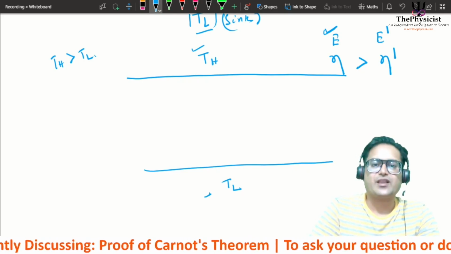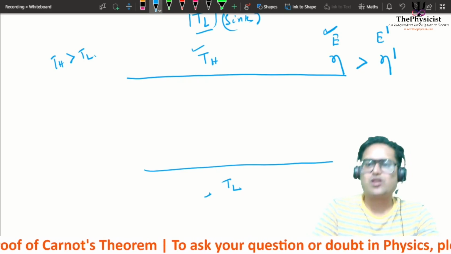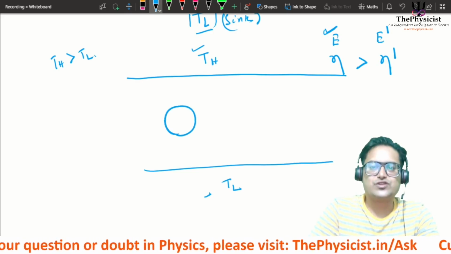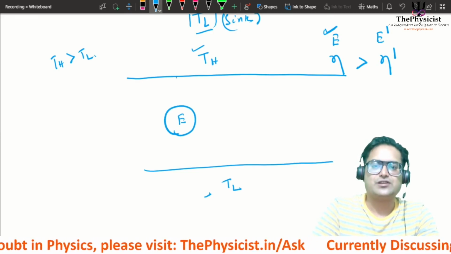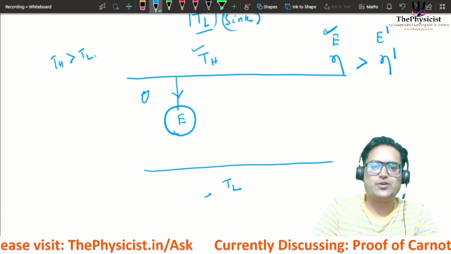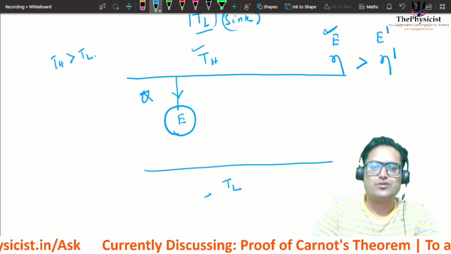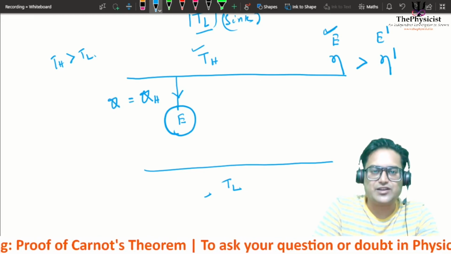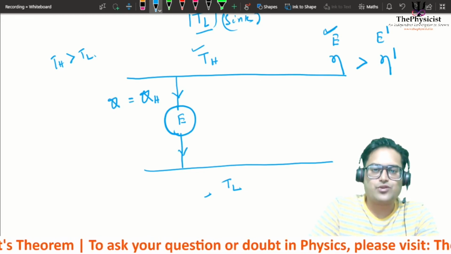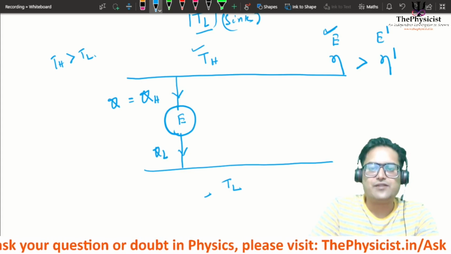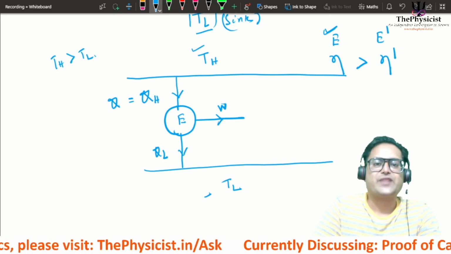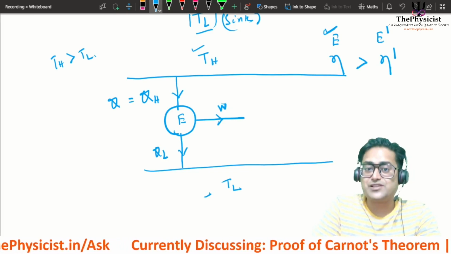Now let's start. Let's say that the more efficient heat engine E is used as a normal engine, extracting heat QH, and let's say that has a unique value Q. Now it will reject some amount QL and will produce some work W, right? Now, if QH is Q, then how much is QL?